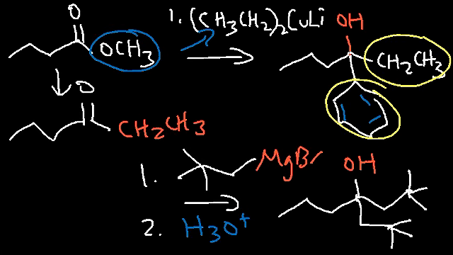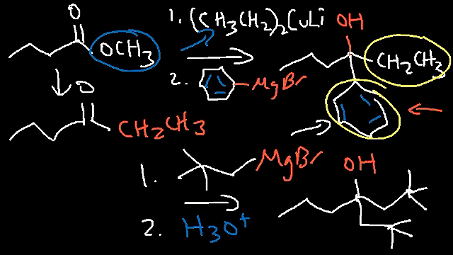Now that it's at the ketone level, you can now add the Grignard reagent to add the second R group. So we're going to use phenyl magnesium bromide. And that's going to add the second R group, which is different from the first. And then step 3, we're going to add H3O+.